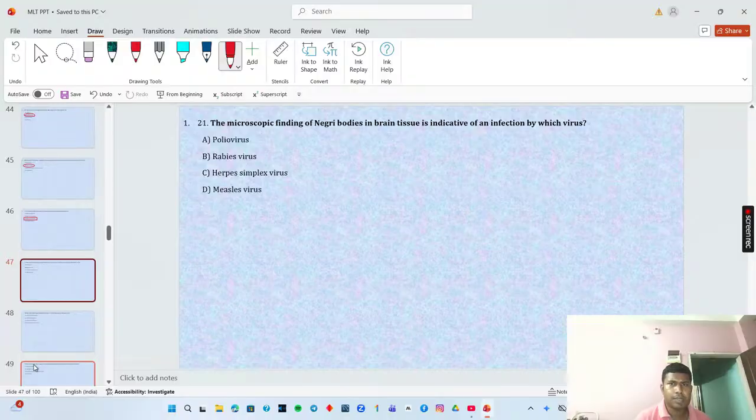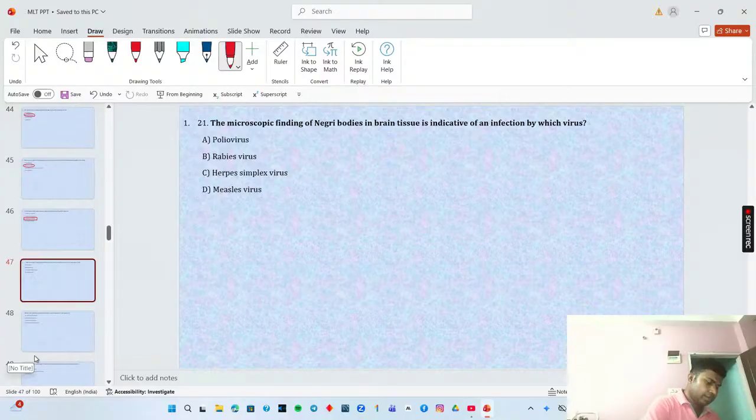Negri bodies in brain tissue. If we find microscopic finding of Negri bodies in brain tissue, it is indicative of an infection by which virus?